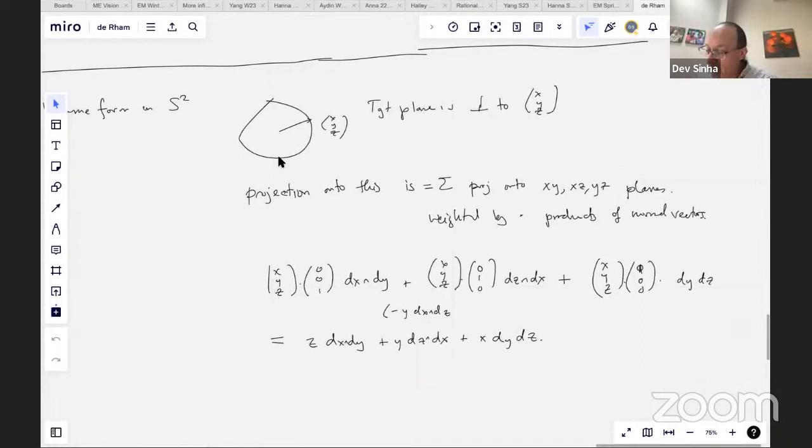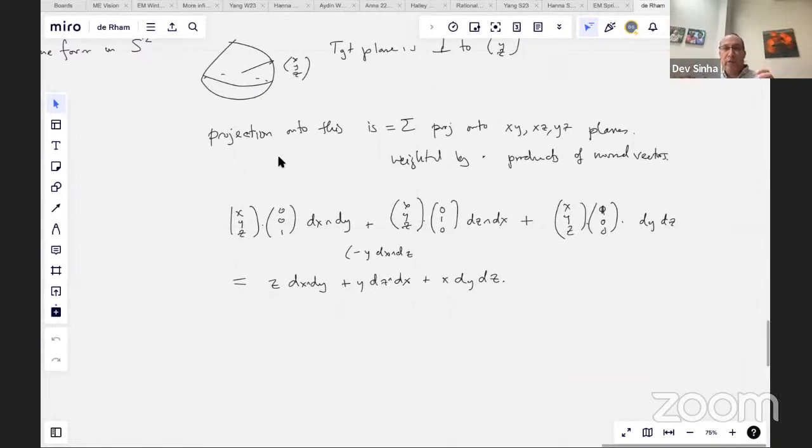And so, but then if I want this form, which lives on the 2 sphere, to live on all of R3 minus 0, I could perform the same kind of calculations I did at the beginning of this lecture with the pullback from the circle to R2 minus 0.